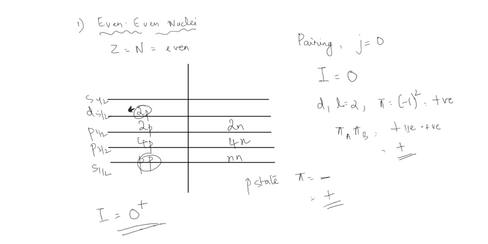Now let us consider the case of odd A nuclei. When we consider the case of odd A nuclei, either your Z is odd or your N is odd.